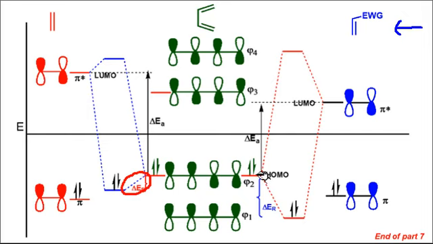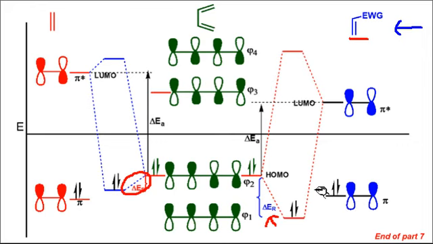Thus, it will lead to a faster Diels-Alder reaction, and you can also see more energy gain during this process. This is delta E for this reaction, where a normal diene reacts with an activated dienophile. We call it an activated dienophile because it is more electrophilic in nature compared to the normal one. That's why the Diels-Alder reaction of these two components will be at a higher rate compared to these two components.